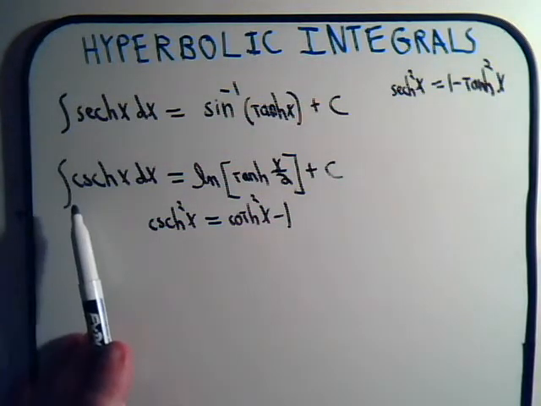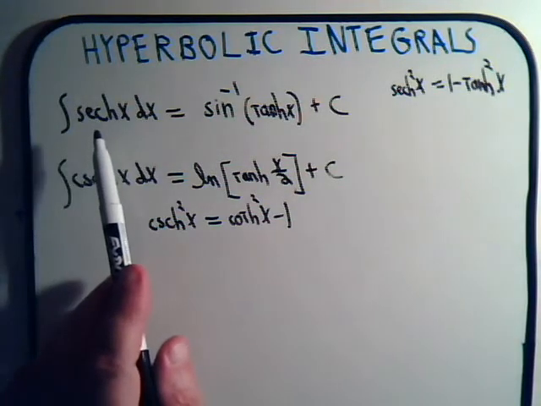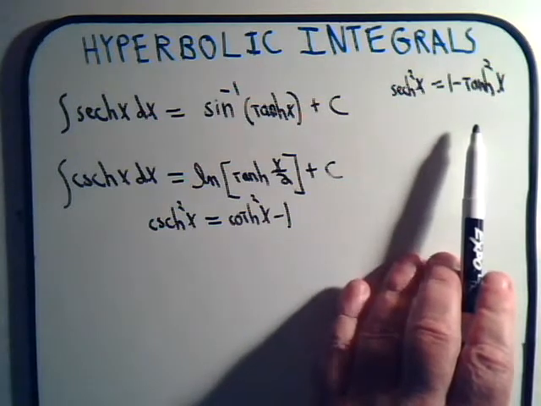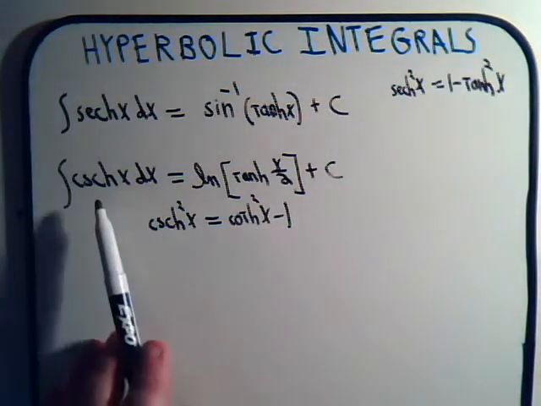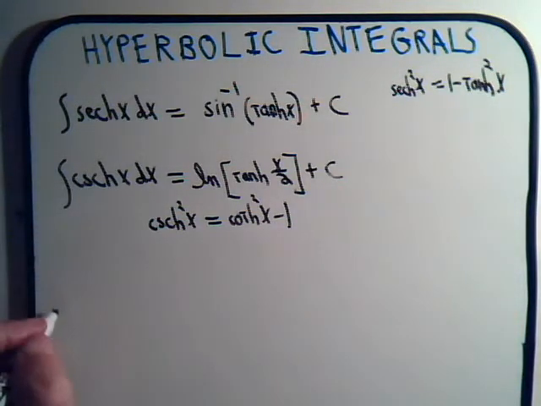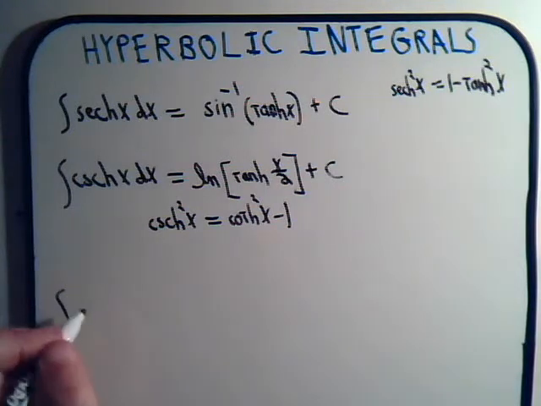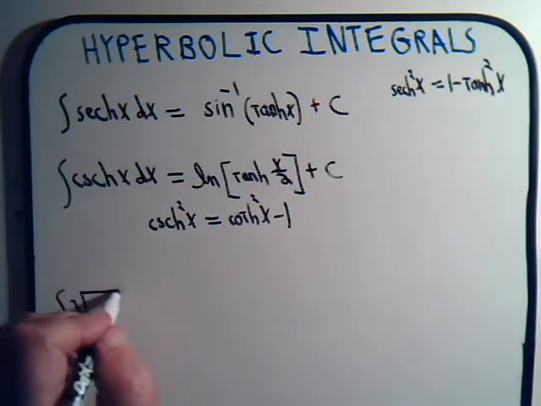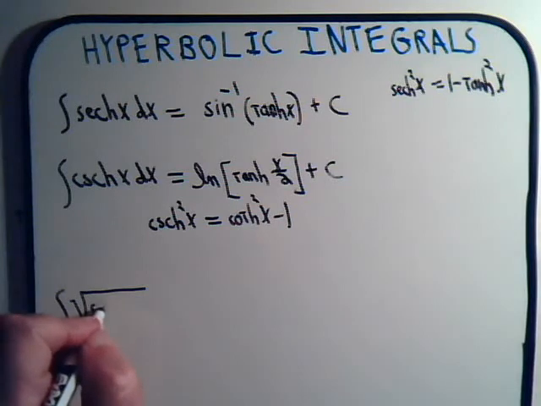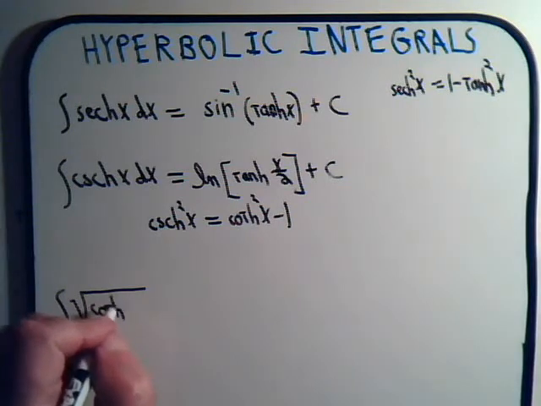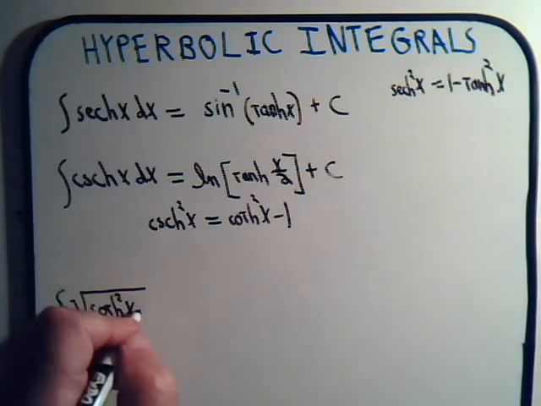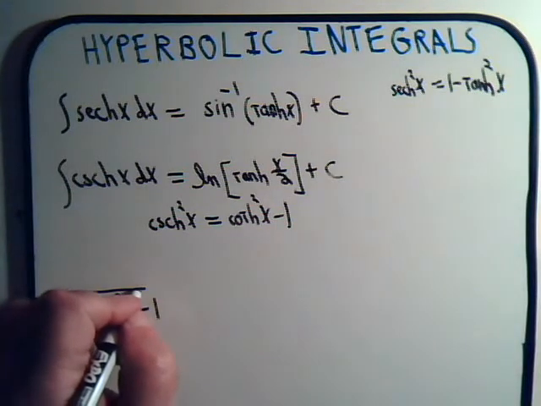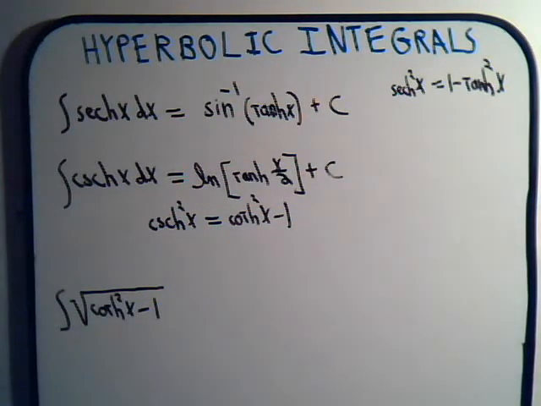So if we now do what we did with this problem, use the hyperbolic identity to rewrite the integral like this, the square root of hyperbolic cotangent squared of x minus 1 dx.